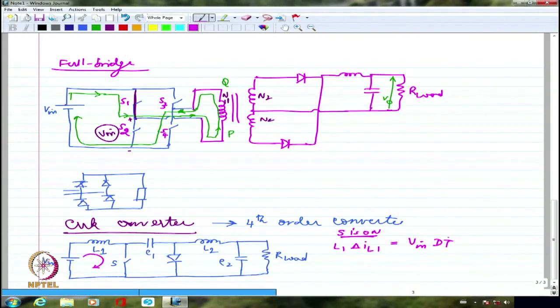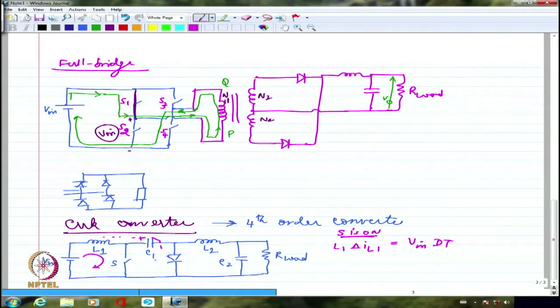Let us try to take a look at what happens to inductance 2. See, this is going to get charged initially even before I turn on the switch. When I connect everything together, actually a current can flow like this because the diode will conduct anyway initially.